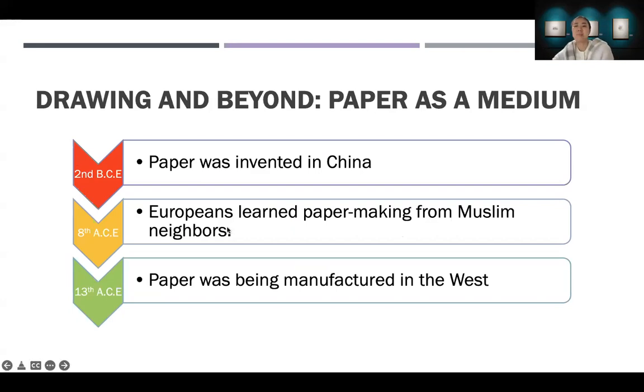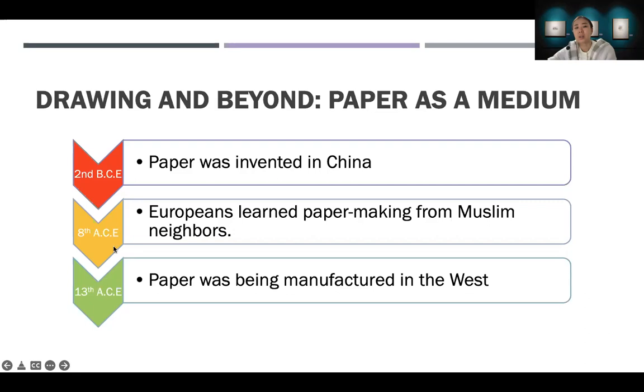So let's see a brief paper history here. Paper was invented in China in 2nd BCE, and Buddhist monks spread news of the paper making technique across Asia.